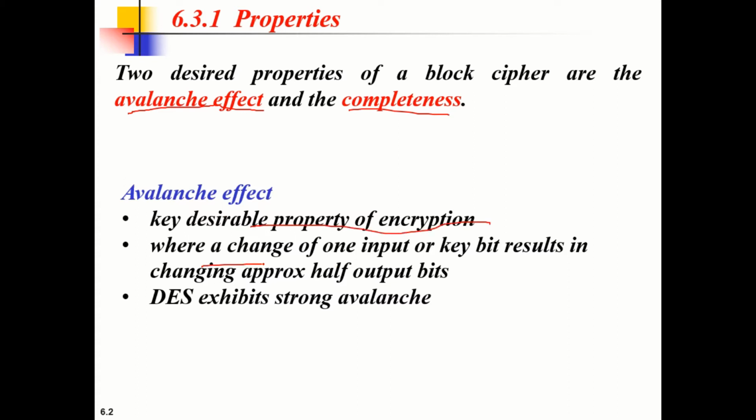Avalanche effect is the desirable property of any encryption algorithm, where a change of one input plain text bit or key bit results in changing approximately half or more output bits. That means if you change one bit in the plain text or one bit in the key, then approximately half or more bits in the ciphertext must be changed.